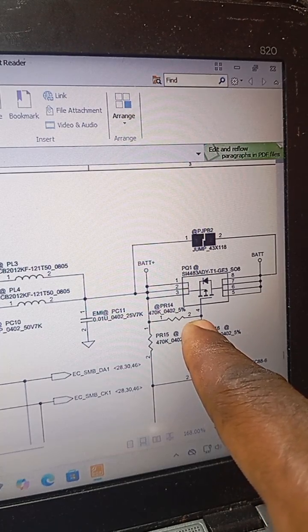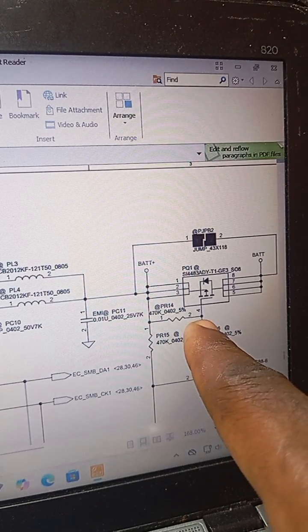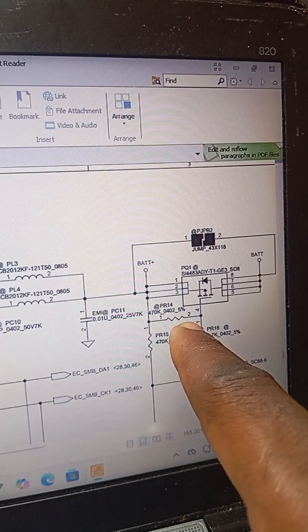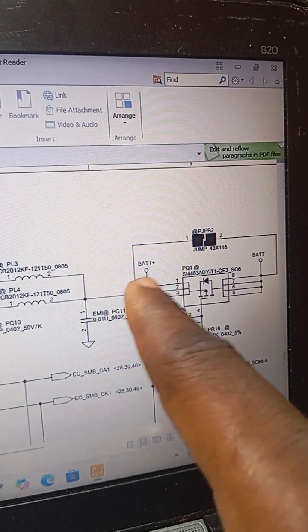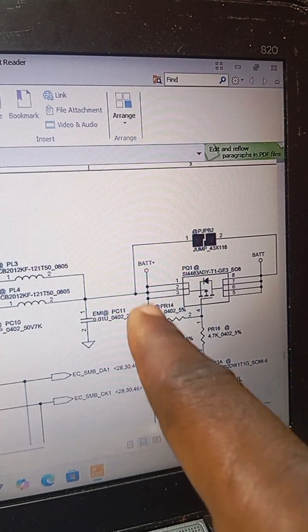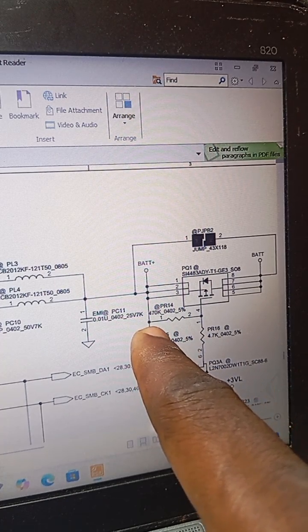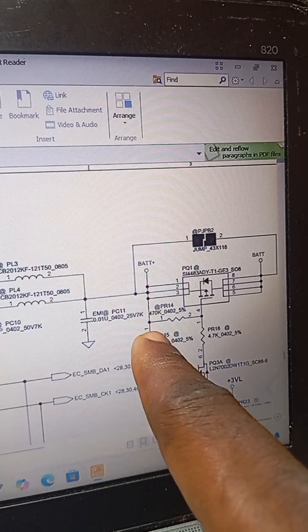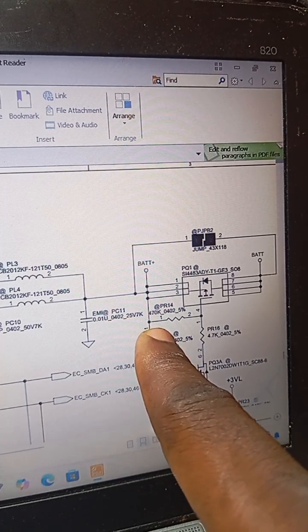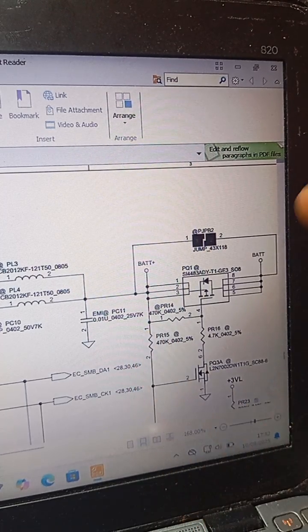Pin 4 of the MOSFET is connected to pin 2 of the resistor, while from the battery side, pin 1 of the resistor is connected to this part. So you can see it very well.